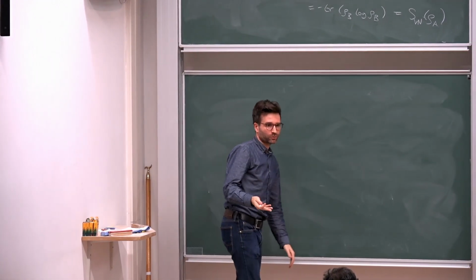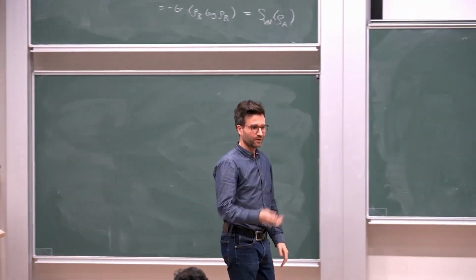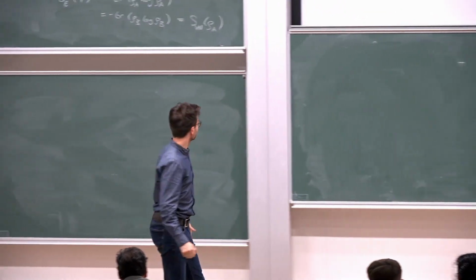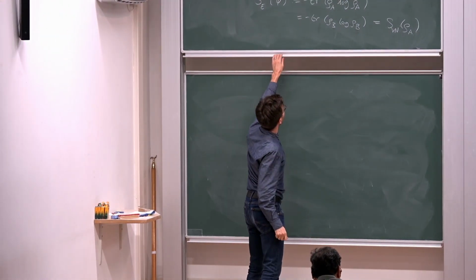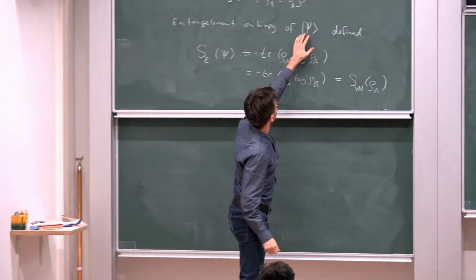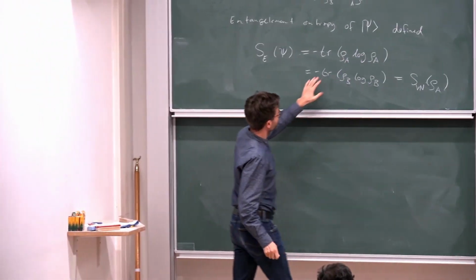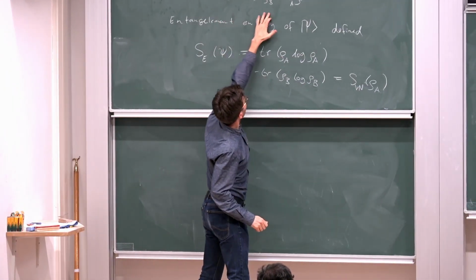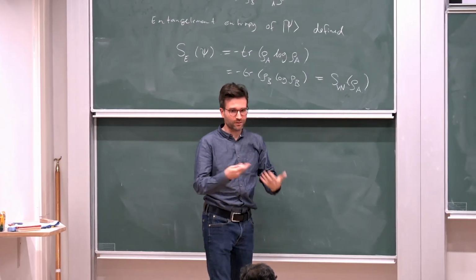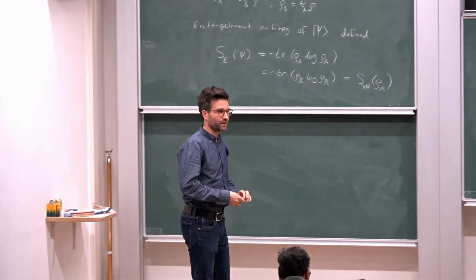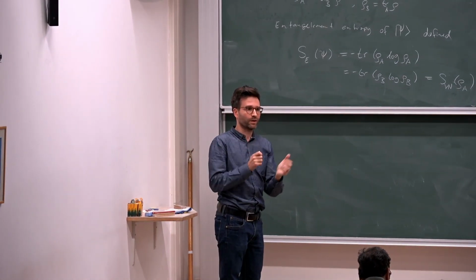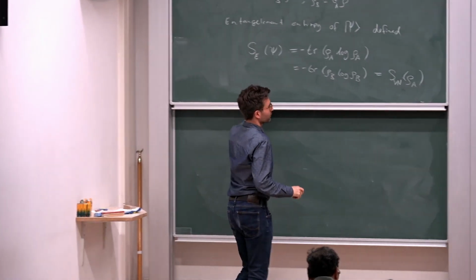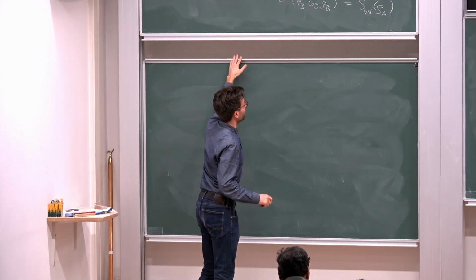The von Neumann entropy of a pure state, we saw today, is always 0. So the von Neumann entropy of the whole pure state would be 0, but the von Neumann entropy of these two is not 0, and that is a measure for the amount of entanglement between part A and part B. So that's what we saw today.